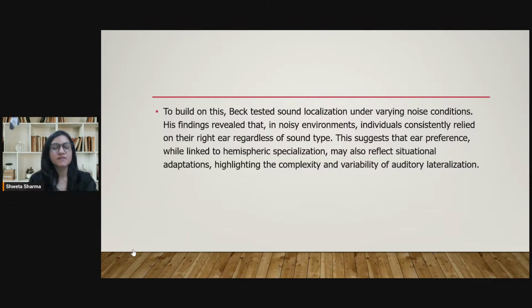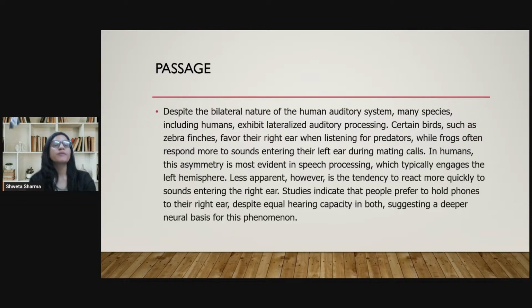Guys, can we discuss it now? I think not a very tough passage. So it starts with a contradiction.